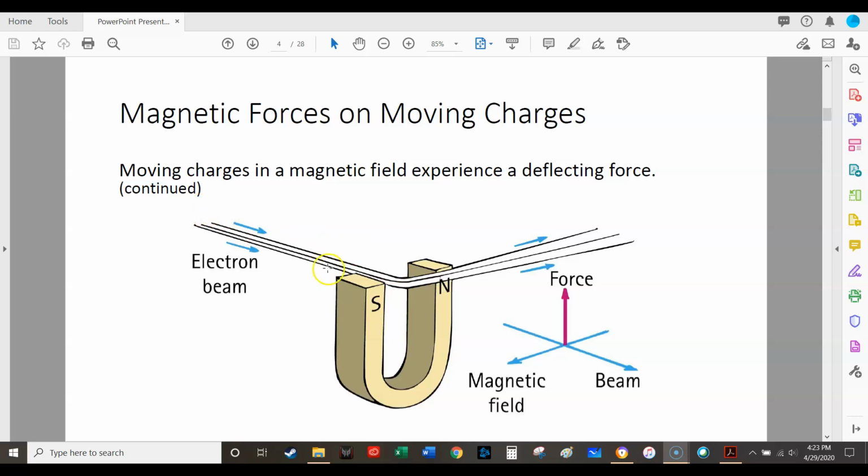The electrons are moving to the right. They enter a region of a magnetic field, and this interaction of the electron's magnetic field and the magnetic field due to the magnet itself actually creates a force.